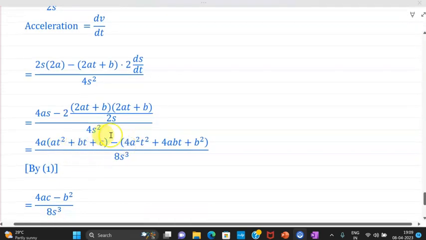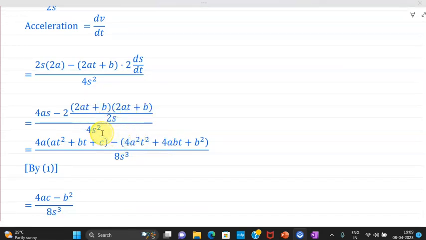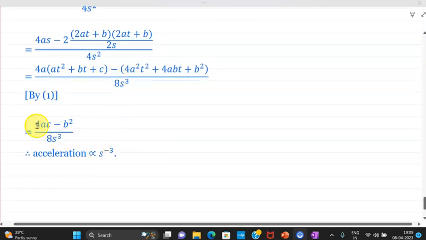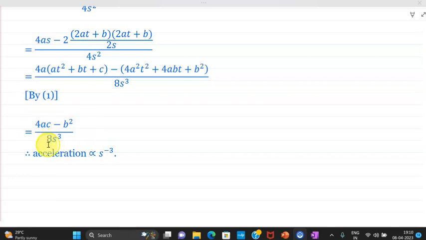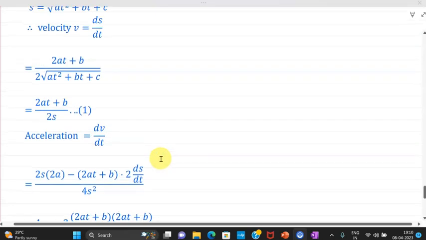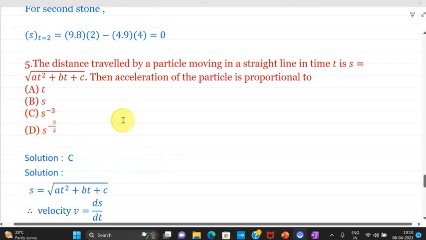Substitute the value of s², and after multiplication, this 2s multiplied with this 4s² gives you 8s³, and after simplification you will have (4ac minus b²) upon 8s³. The a, b, c are constants, and therefore the acceleration is proportional to s raised to minus 3, and hence option C is correct here.